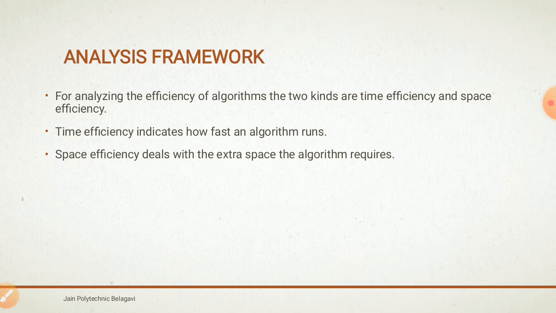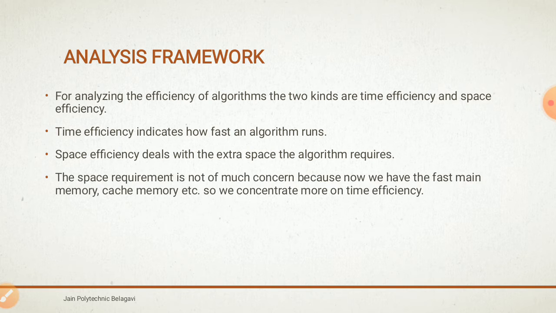Then the space efficiency deals with the extra space the algorithm requires. And the space requirement is not of much concern because now we have the fast main memory, cache memory, etc. So we concentrate more on time efficiency.